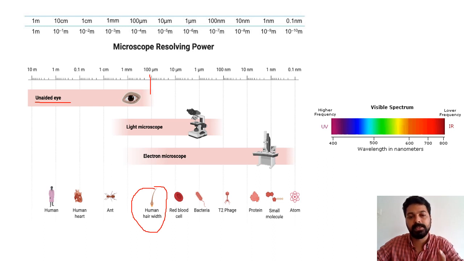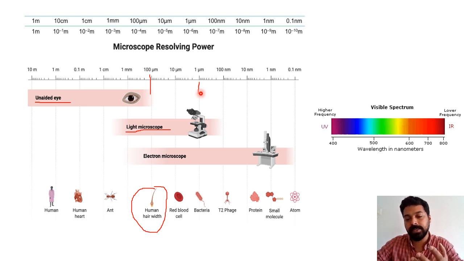To visualize further, up to some 1 micrometer, we use optical microscopes, which work using photons or light. By using an optical microscope, you can see up to 1 micrometer.